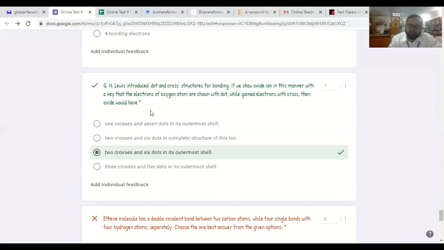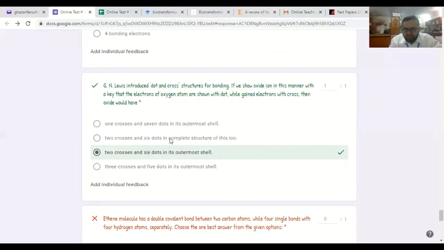And if we talk about the whole structure of oxygen, there must be 8 dots, because the atomic number of oxygen is 8. So 1 cross and 7 dots in its outermost shell: wrong. 2 crosses and 6 dots in the complete structure: wrong. 2 crosses and 6 dots in its outer shell: yes.